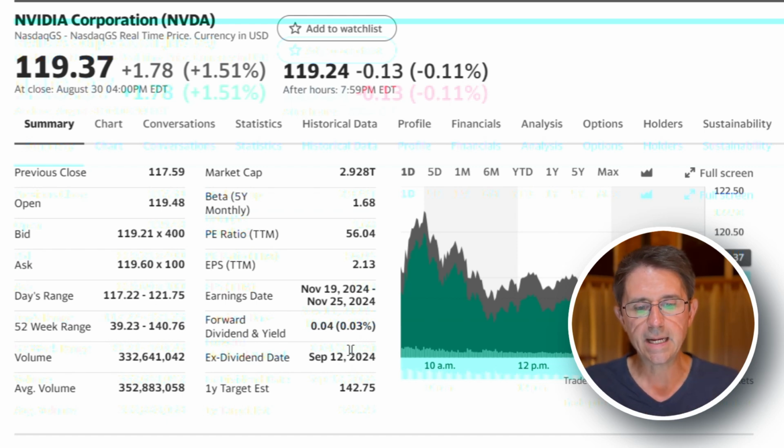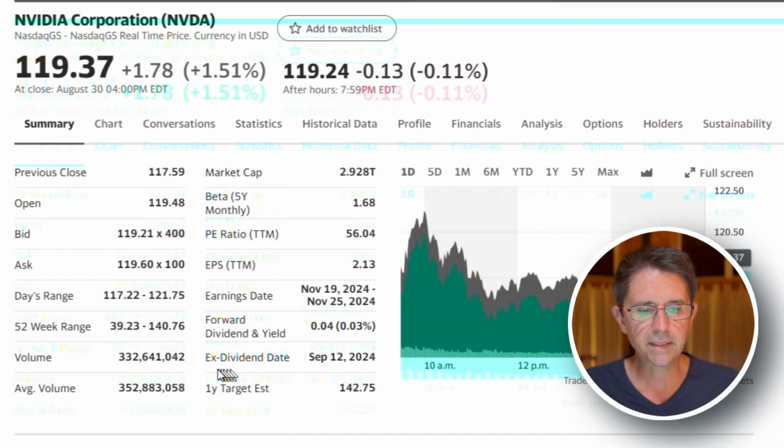So to get that number of 0.03%, it's just the amount of the dividend, 4 cents, divided by the actual share price of $119.37, and that will give you this 0.03%. Simple example, if the stock was trading at $100 and they paid a $1 dividend, then the dividend yield would be 1%. Simple as that, really.